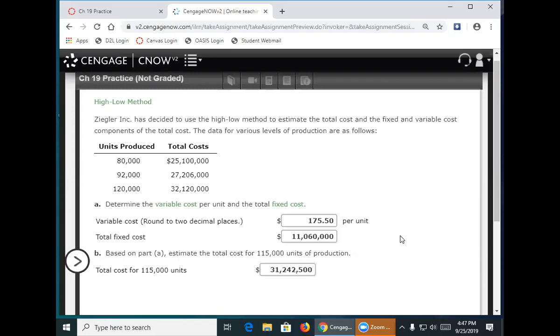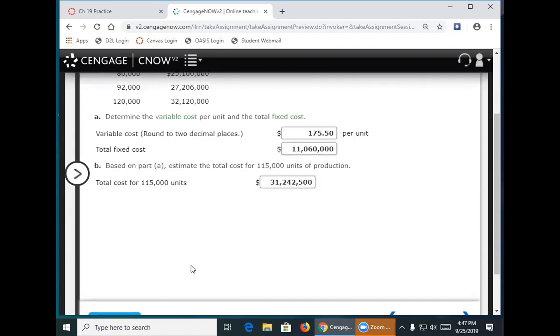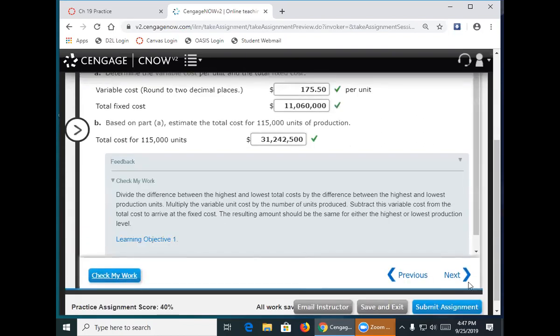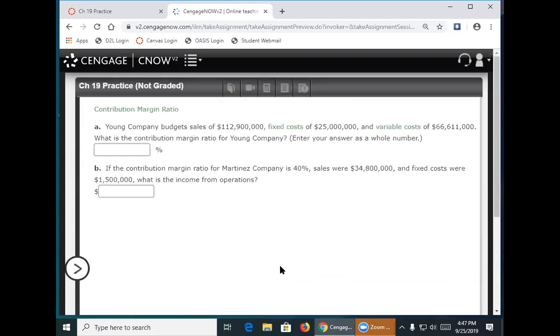And you can easily solve and find what our fixed costs and our variable costs would be. All right. Let's move on then. So that's where a lot of the calculations come from. This chapter it's just a lot of math, really.